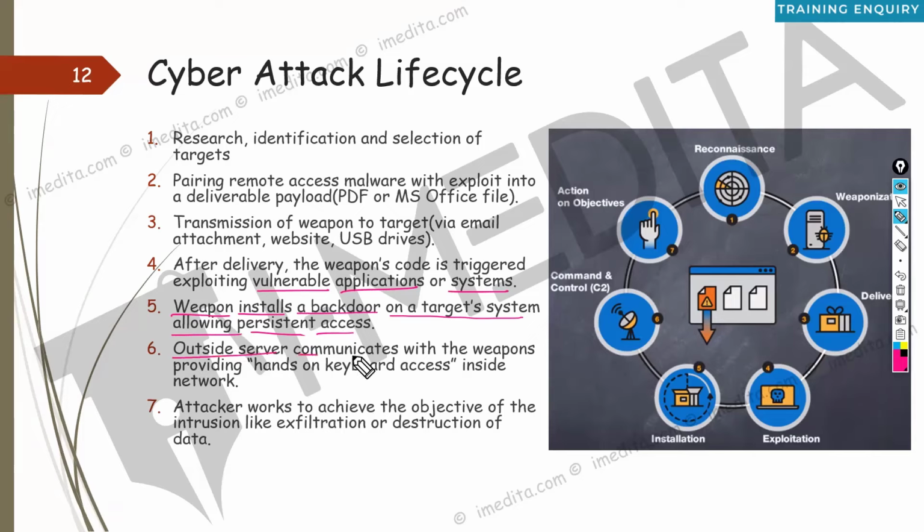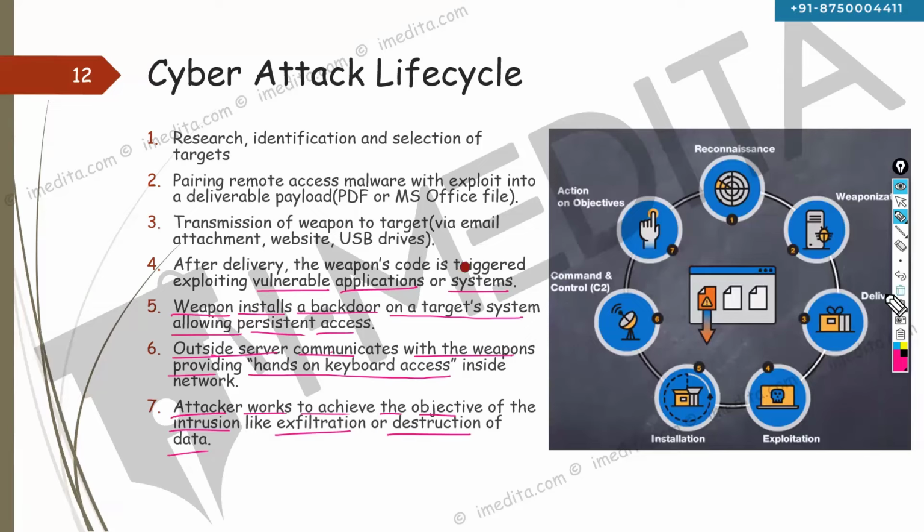Outside server communication means the attacker will communicate with the weapon, and that can provide keyboard access. Now the attacker works to achieve the objective. The attacker can do intrusion, exfiltration or destruction of data, steal the information, or just do intrusion.